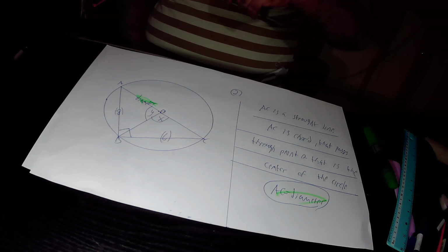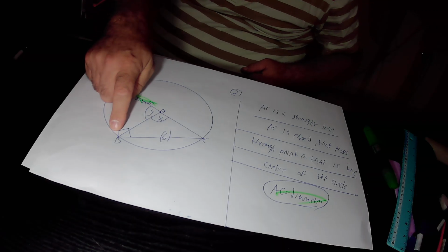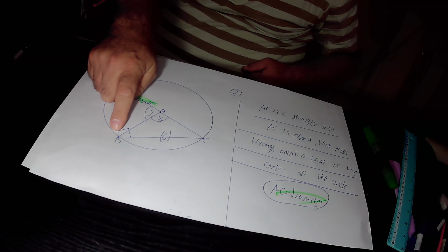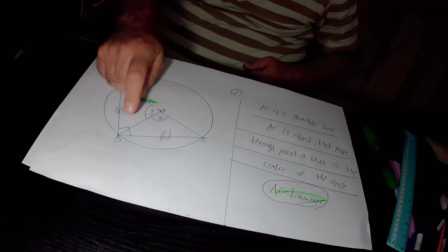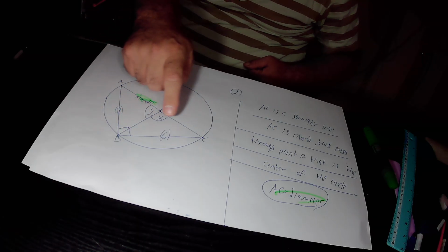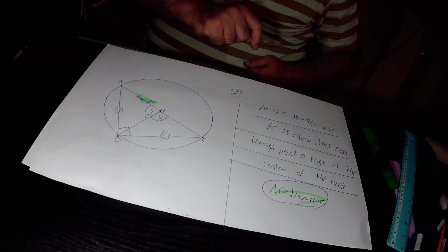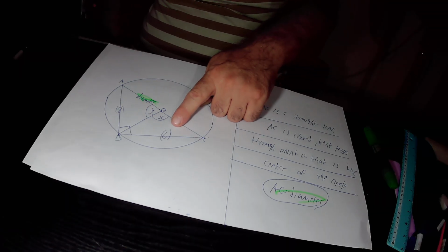Then I did the construction. That is to say, from point B, I draw a chord that equals 6 units in its length according to my construction. That is to say, chord BC equals 6 units in its length.